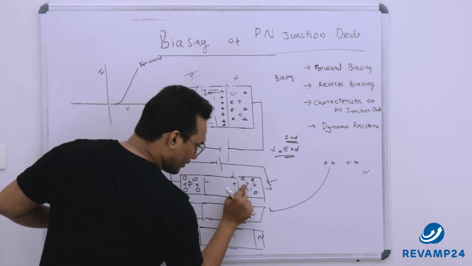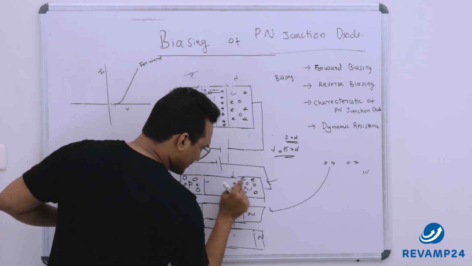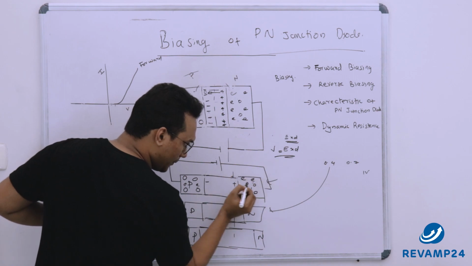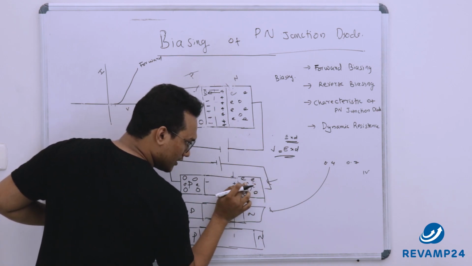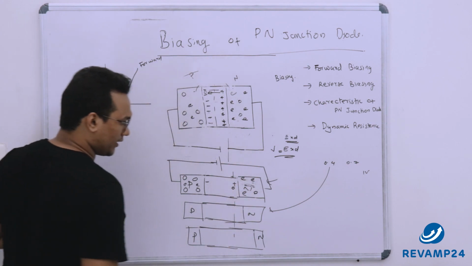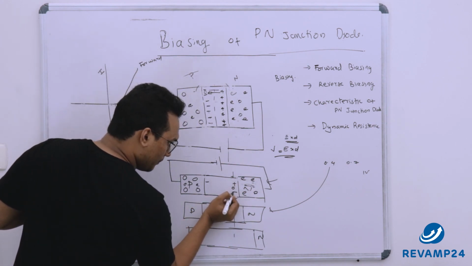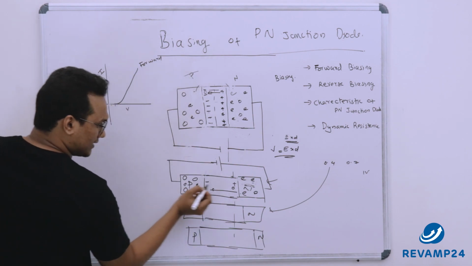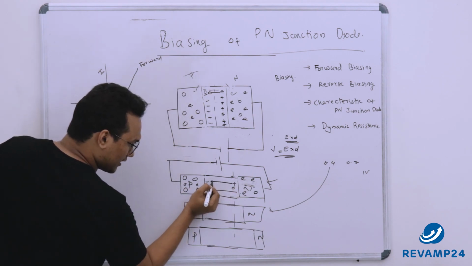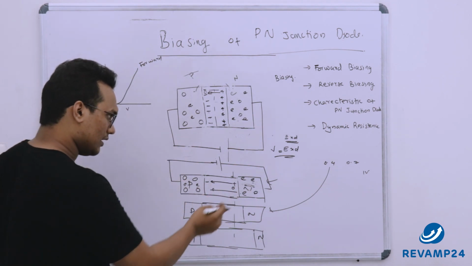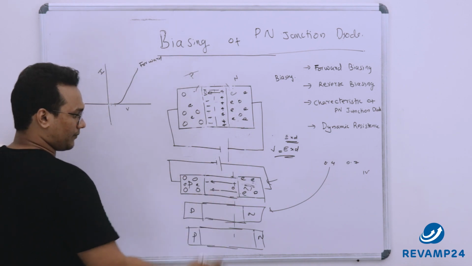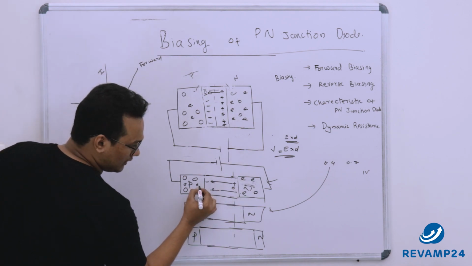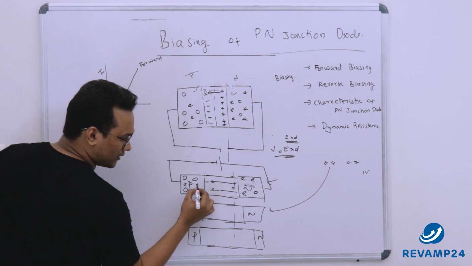Now these minority charge carriers: this positive would be pushing the minority charge carriers, here holes. If a hole jumps here, the barrier potential will push the holes along in this direction, because this is the electric field offered by the barrier potential. Now these holes can easily come here. The same will happen with electrons.